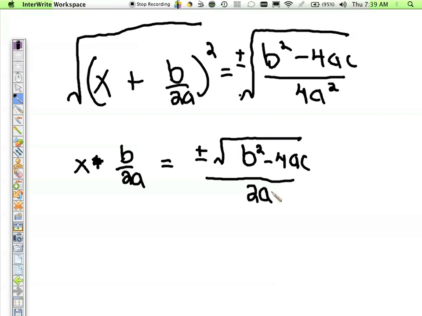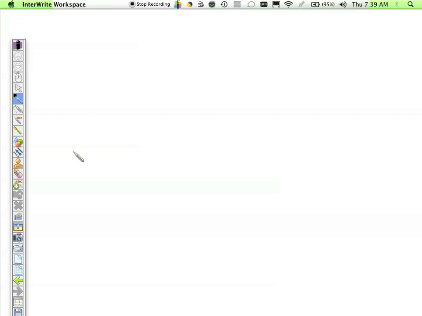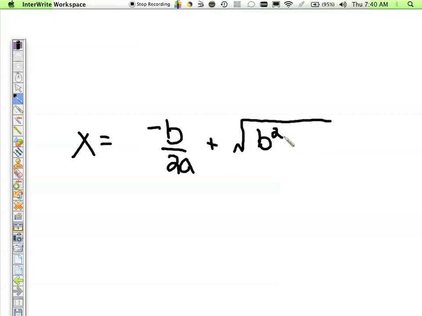The square root of 4a squared is just 2a. That's actually pretty good because we have a 2a in the denominator here, and we need to move that b term over. So I'm going to subtract b over 2a from both sides. What I'm left with is x equals negative b over 2a plus or minus the square root of b squared minus 4ac over 2a, because that's a radical.